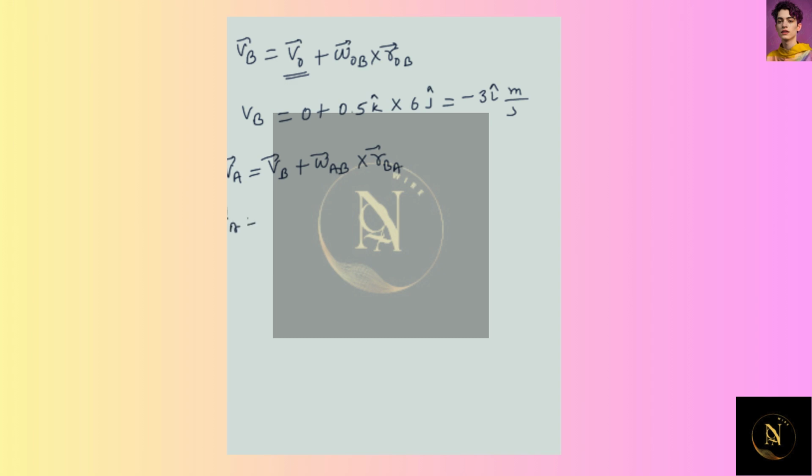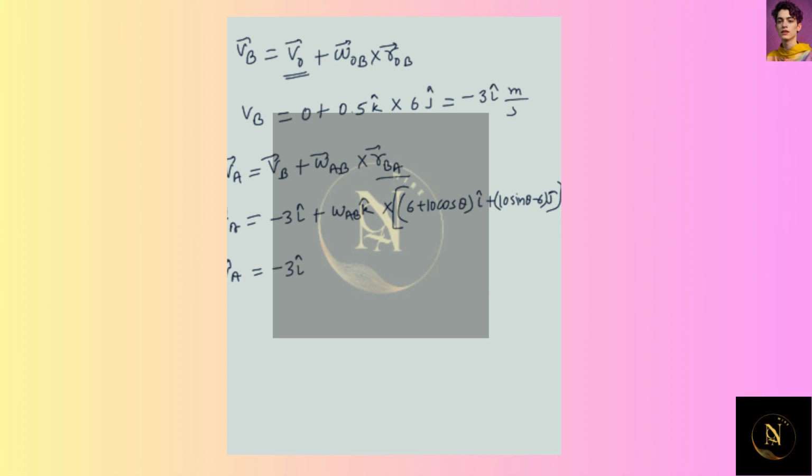Okay, so substituting the values, we get V_A vector equals V_B, which is minus 3 i, plus omega_AB k cap cross R_BA, which is 6 plus 10 cos theta i cap plus 10 sin theta minus 6 j cap. Okay, so this is the value of R_BA.